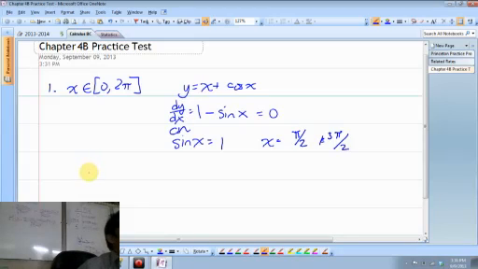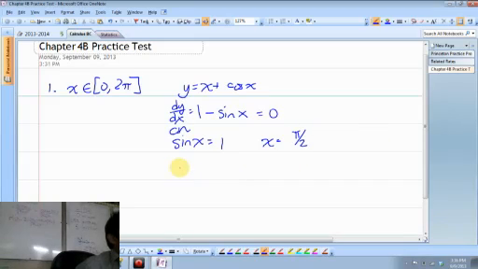Don't be hasty. We have to figure out which of these are mins and which are maxes. It's supposed to find all relative extrema. Oh, negative 1, yeah, you're right.